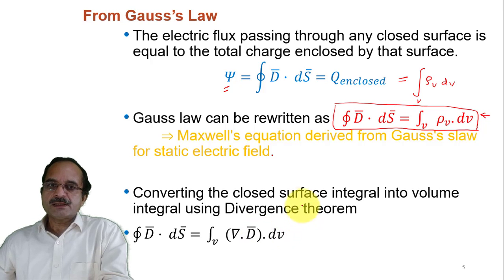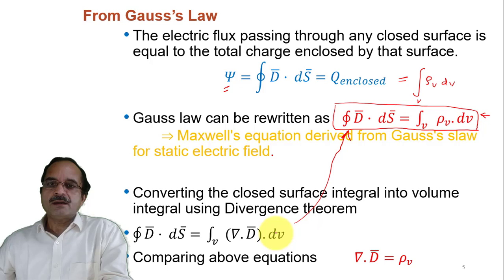So substituting this on the left hand side, and if we compare these two equations, we can easily say that divergence of D, that is del dot D, is equal to rho v, the volume charge density. So this is the point form of this Maxwell's equation.